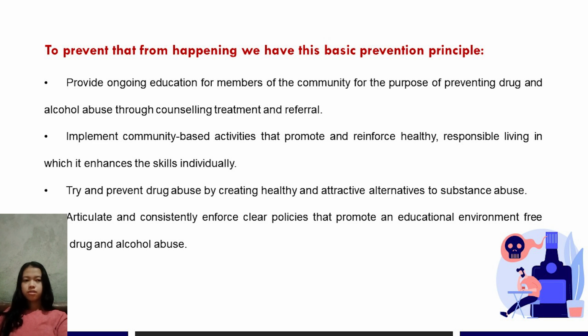And drugs should only be accessed for professional purposes. With this, drug and alcohol abuse should be lessened. And if there's a plan, there's an action. If there's an action, there's an implementation. And if there's an implementation, there's a prevention.